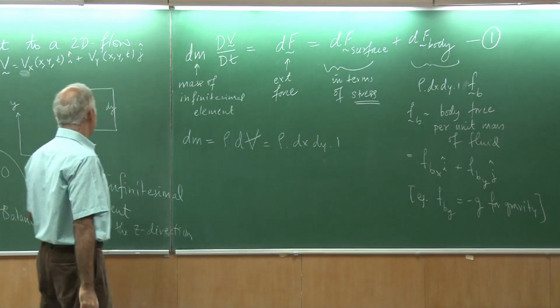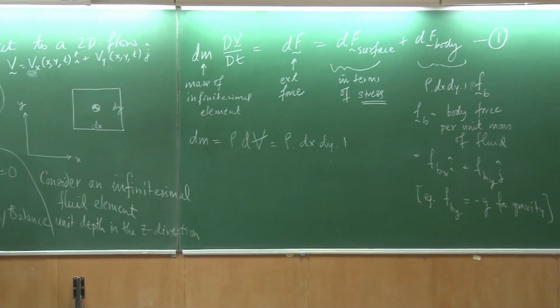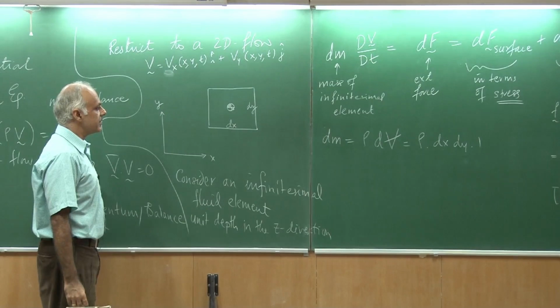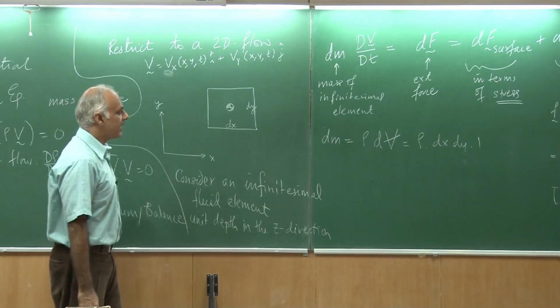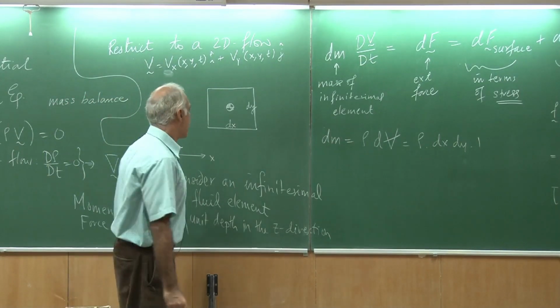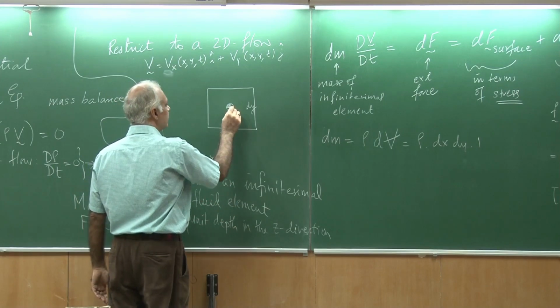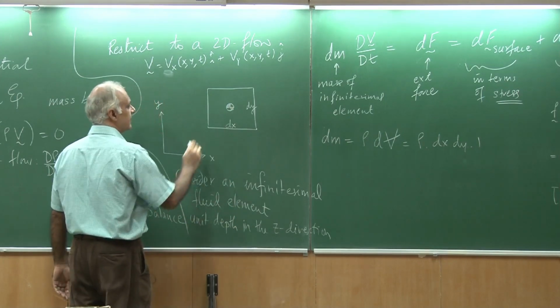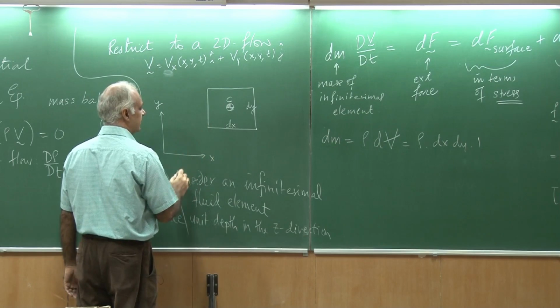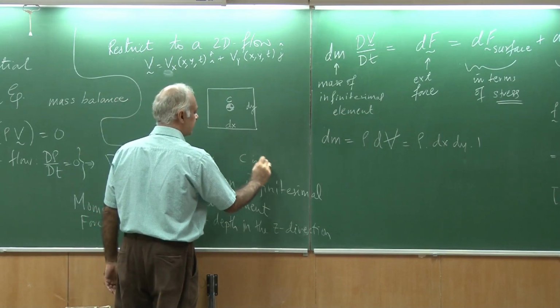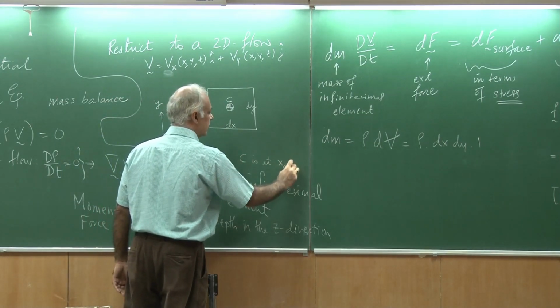Okay, the next thing is what about this stress? How can I get the surface force? So, we will assume that the center of the element, let me call it C, is at x, y.